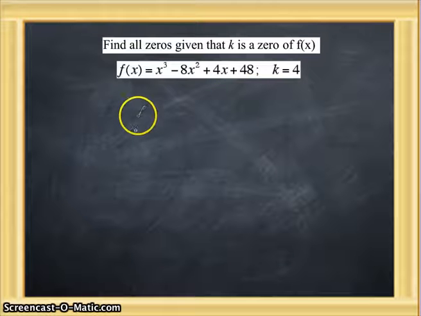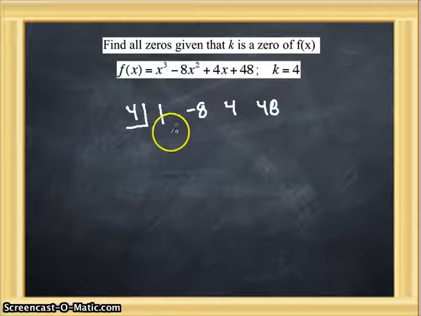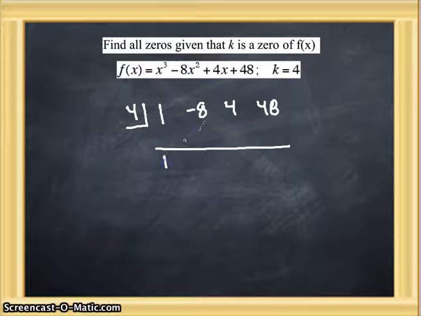Well, if we go ahead and plug in 4 into our polynomial, we can do some synthetic division. Given that it's supposed to be a 0, that k equal to 4 should come out perfectly to 0.